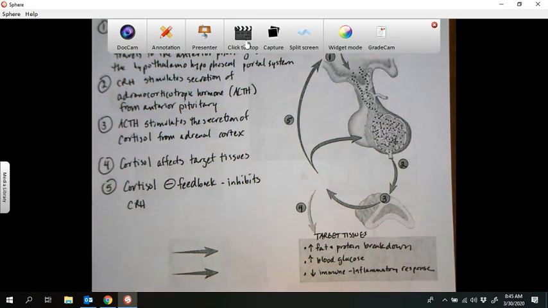Once we have a buildup of cortisol in our blood, if the stress decreases and glucose goes back up, we have negative feedback, so it will shut off the production of cortisol. But in periods of high stress, we can keep on having cortisol being secreted in small amounts, and it builds up in the body. So we have to be very careful with that.